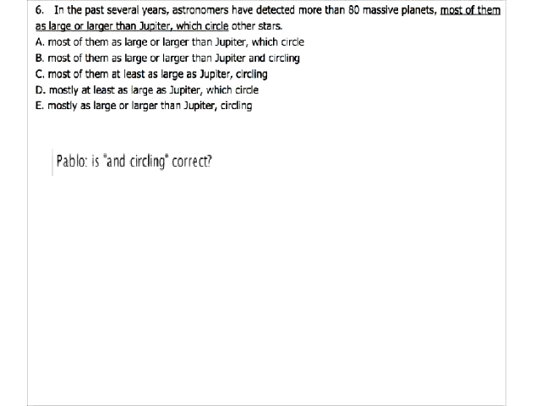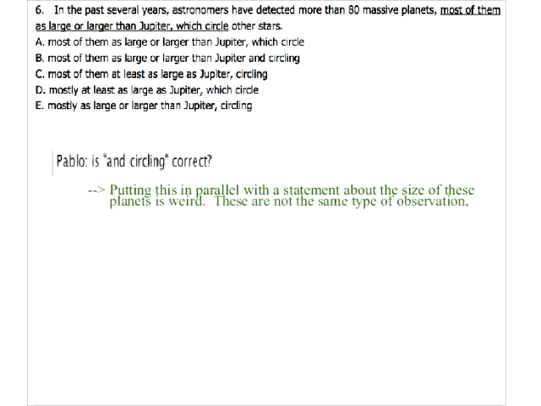But putting this in parallel with a statement about the size of these planets is weird. Like, because these are not the same type of observation. So a parallel construction doesn't really make a ton of sense.